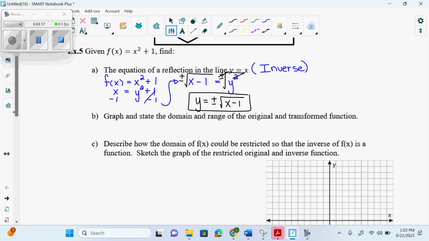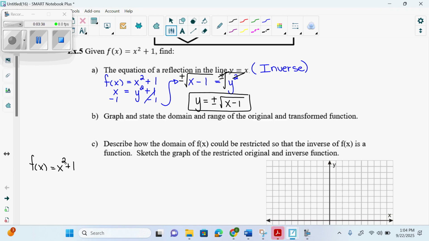So let's look at our original. Our original graph is f of x equals x squared plus 1. So that's a parent function, x squared plus 1. The parent function is the x squared, and then I add 1 to it.